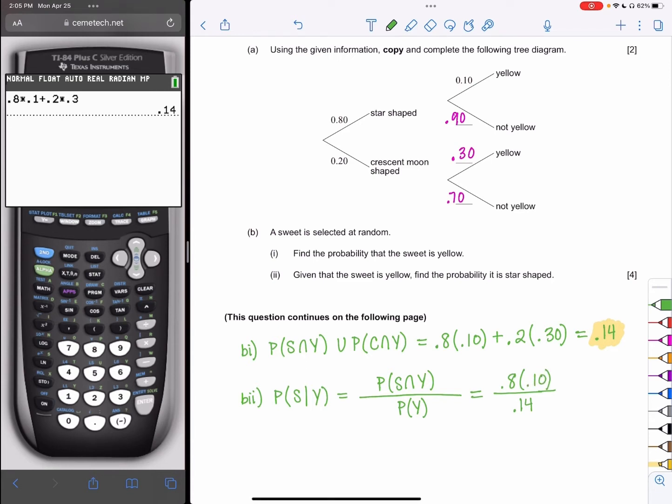Once I put that into my calculator, 0.8 times 0.1, and then I divide by 0.14, I end up getting that this is approximately 0.571. So that is going to be the probability there. If you want to put it as 57.1%, that's fine. If you wanted to convert it to a fraction and put 4 over 7, that is also fine. Either or.